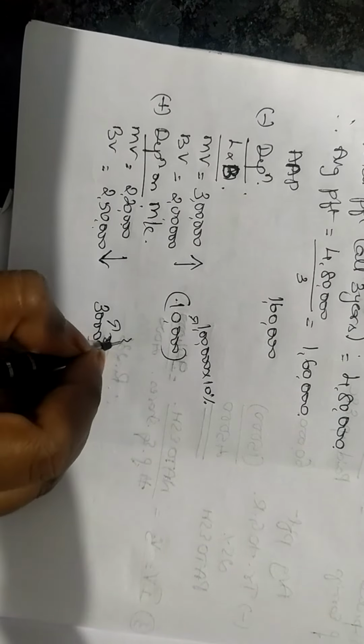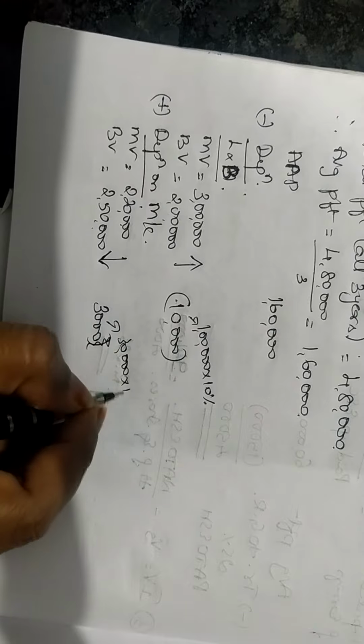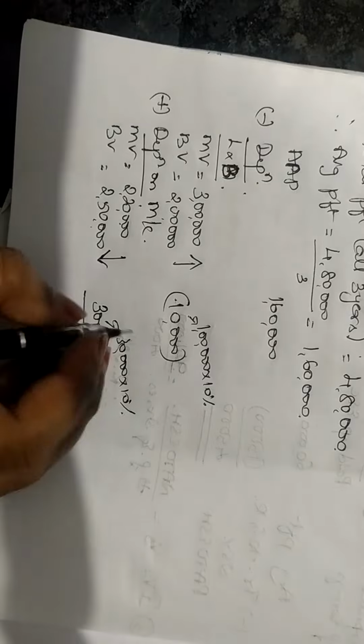So 2 lakh 20 minus 2 lakh 50 will get 30,000. 30,000 10% is 3,000. This should be added. So this is 30,000 into 10%. So first let us see this: 1,60,000 minus 10 plus 3, you will get 1,53,000.